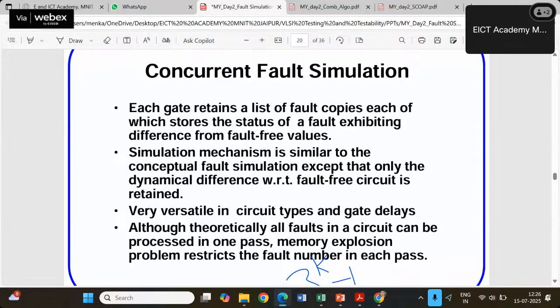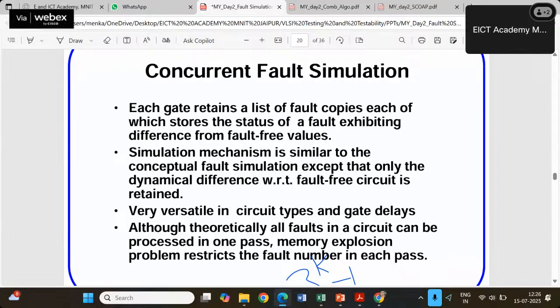The simulation mechanism is similar to conceptual fault simulation, except that only the dynamic differences are kept, and the fault-free circuit is also retained. It is very versatile in circuit types and gate delays as well. Although theoretically all faults in the circuit can be processed in one pass, memory explosion is a very big problem, because multiple memory elements will be required to retain each and every copy.